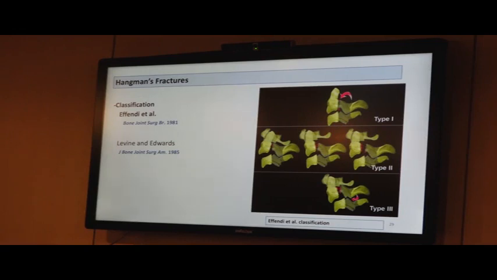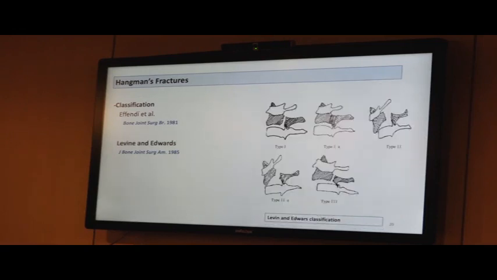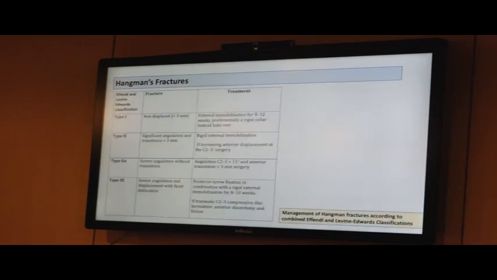This is the Effendi classification, and here modified by Levine and Edwards. And this is the algorithm for the hangman fracture, according to Levine, with surgery indicated in type 2.